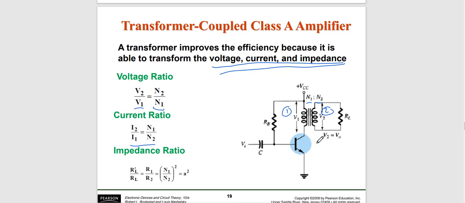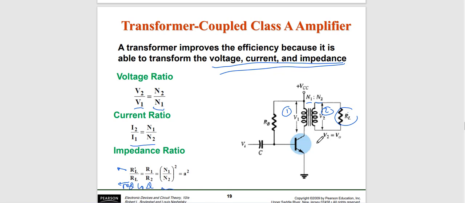The impedance ratio is R'L, the impedance in the transformer, per the load resistor RL. This is the load resistor, this is the transformed impedance, and this is the real load impedance.